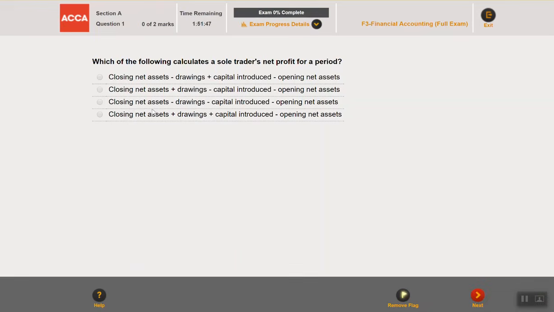So let's see. Closing net assets means closing capital, plus drawings minus drawings. This one is wrong. Second option, closing net assets plus drawings, yes. Minus capital introduced, yes. Minus opening net assets, opening capital. Yes, this is the correct answer. So let's remove the flag.